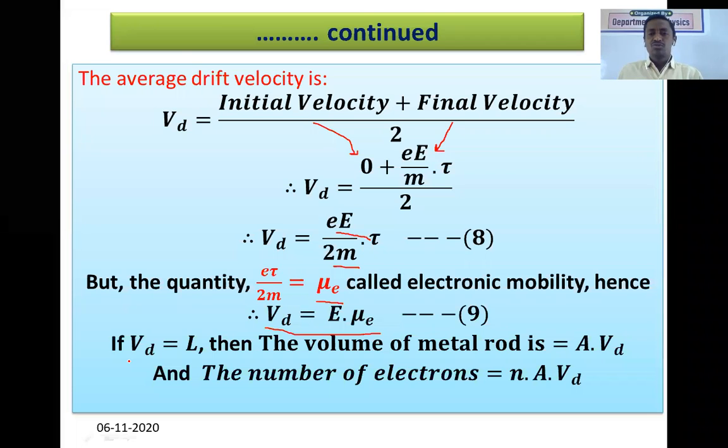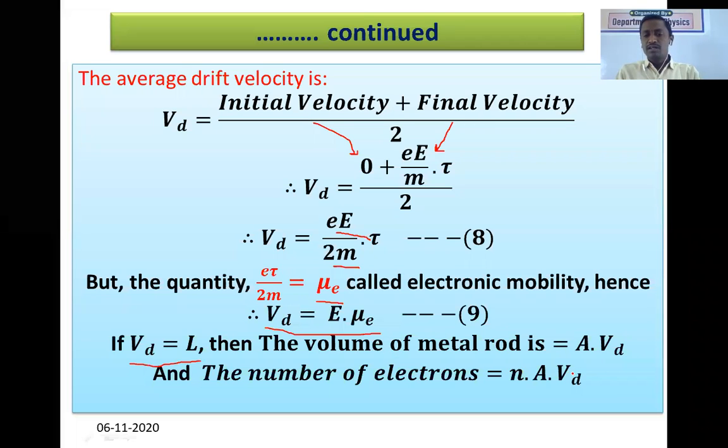That means as soon as the electric field or external potential is applied, the electron drifts from one end of the conductor to the other end, so the average drift velocity corresponds to the entire length of the conductor.